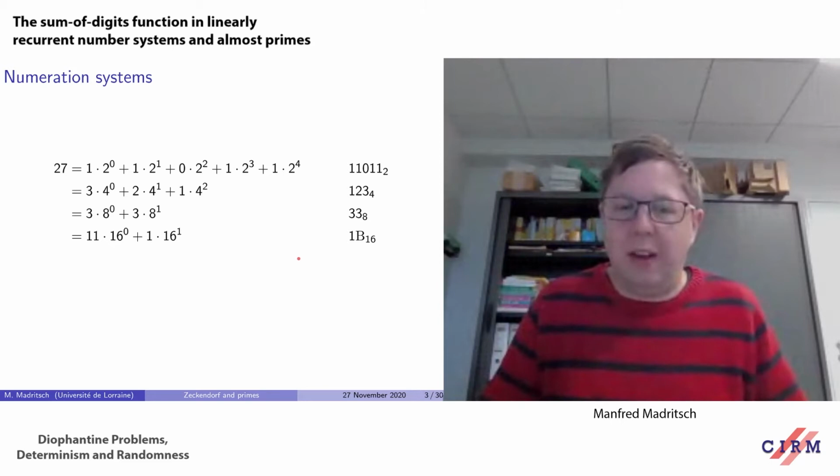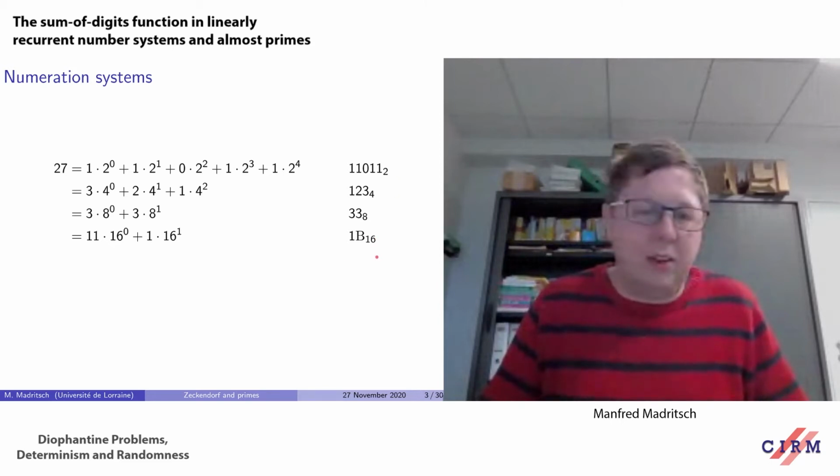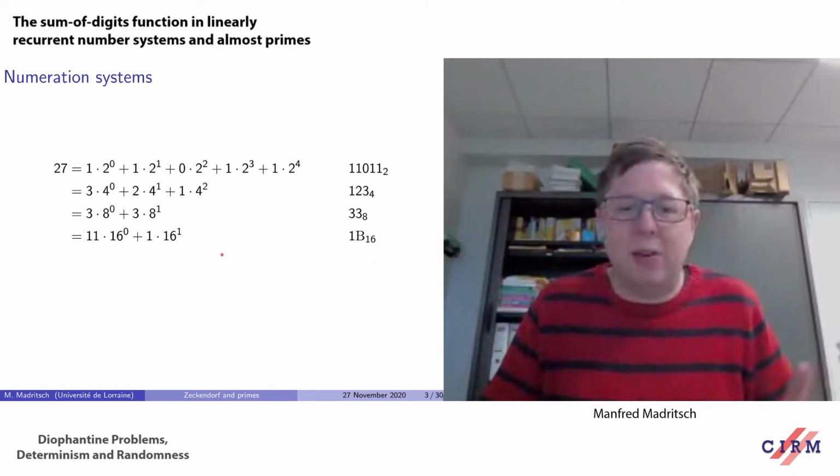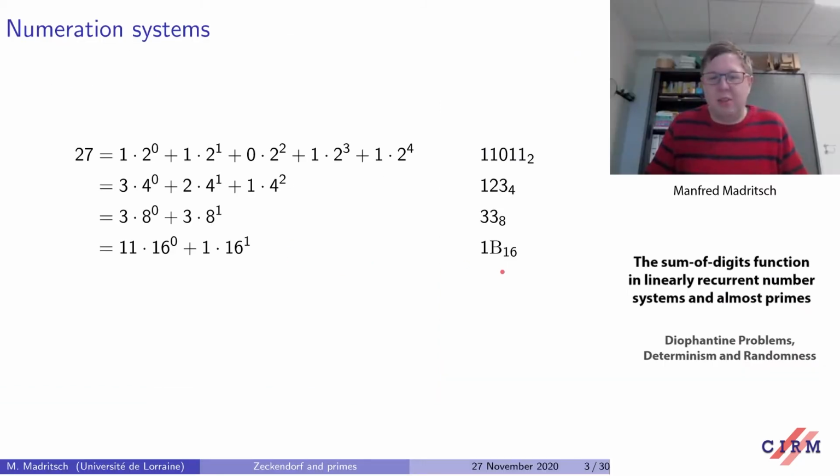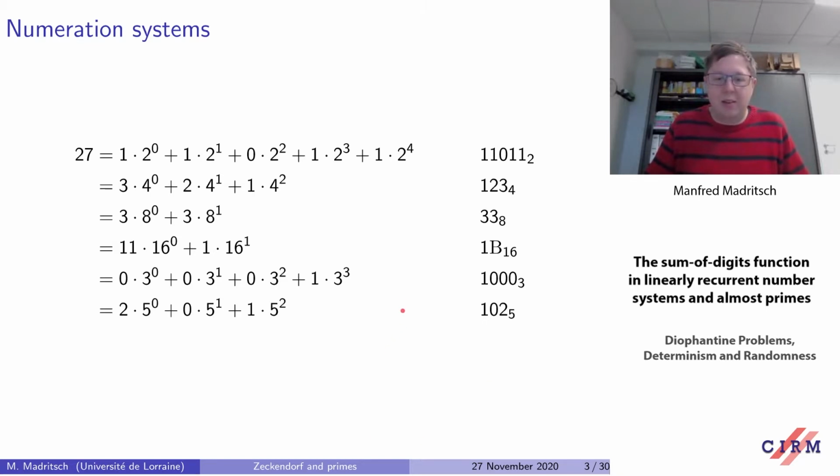That's the usual convention. So this is for powers of 2. The next power is 32, which is not so interesting because we only have a single digit, which is 27. But you can also do it in other bases, like 3, for example, or 5. In base 3 you have 1, 0, 0, 0, and in base 5 you have 1, 0, 2.